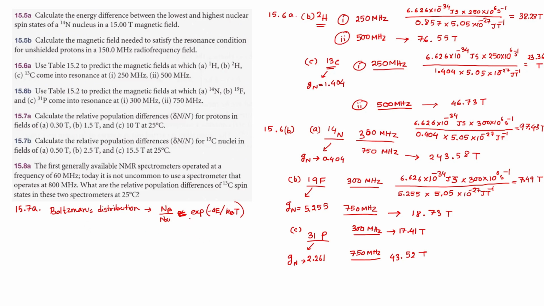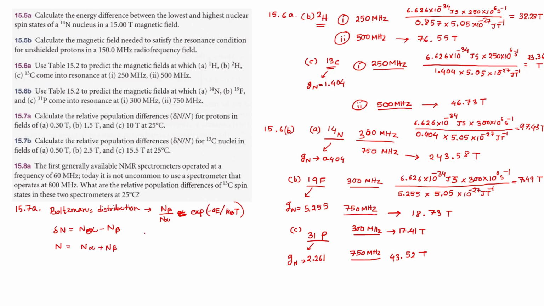So this delta n is actually n alpha minus n beta, where alpha is your plus spin and beta is negative. And n is the total number, so it is n alpha plus n beta.